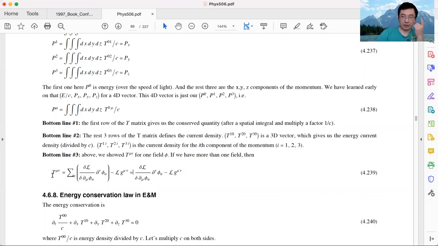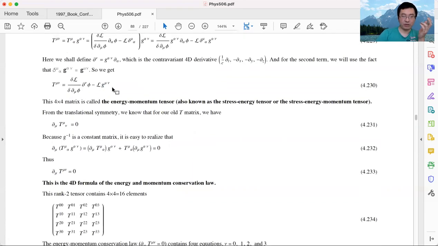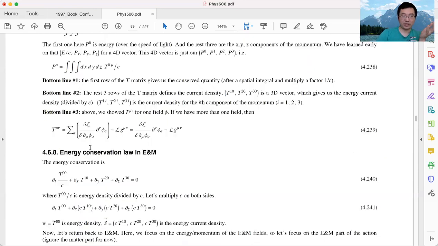And one more comment, same as before. The formula we discussed right now is for just one field phi. If we have more than one field, we can do exactly the same as what we discussed in the previous lecture. If we have a bunch of fields, phi 1, phi 2, phi 3, phi 4, and so on, for every single phi field we need to do the same construction, and we add over all fields.